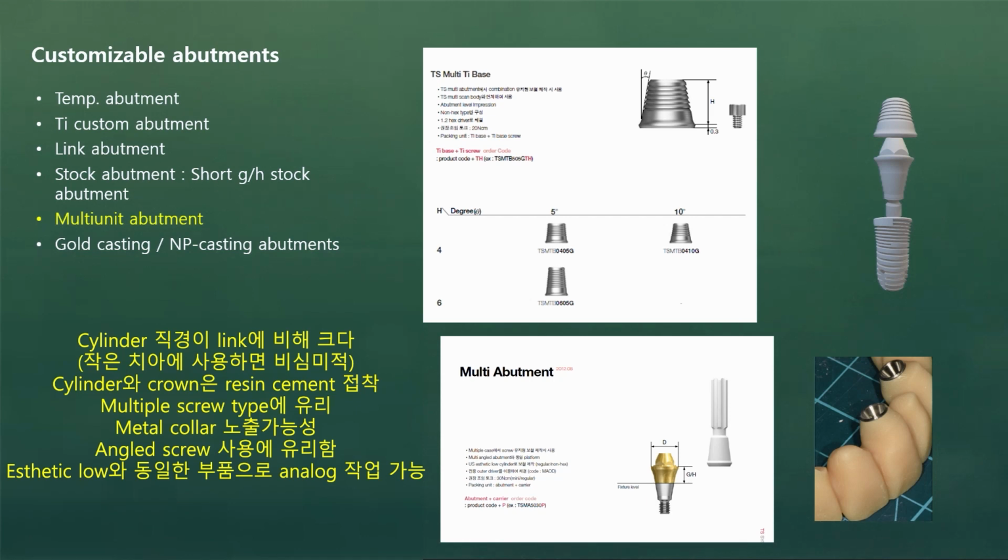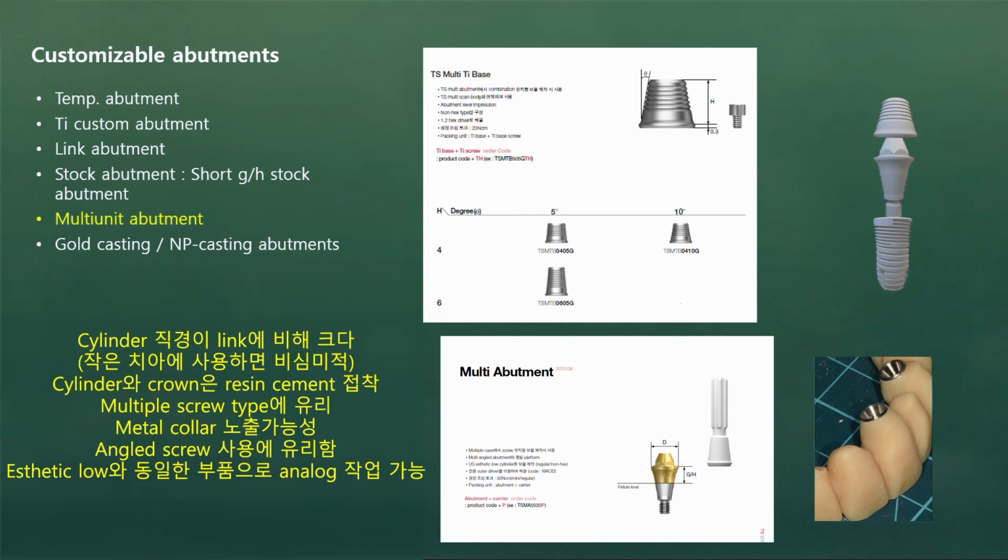So the starting point of the running room in customization, you have to start with the bigger diameter, and on top of the cylinder, the prosthesis is connected, and you can see how it's connected in the bottom photo. Metal color is exposed, so it might not look that aesthetic, so you have to be very careful in selecting an appropriate case.